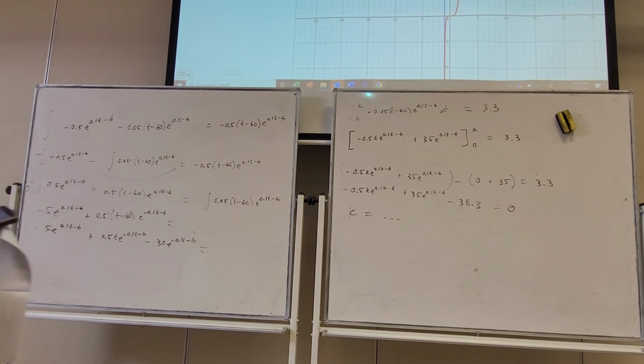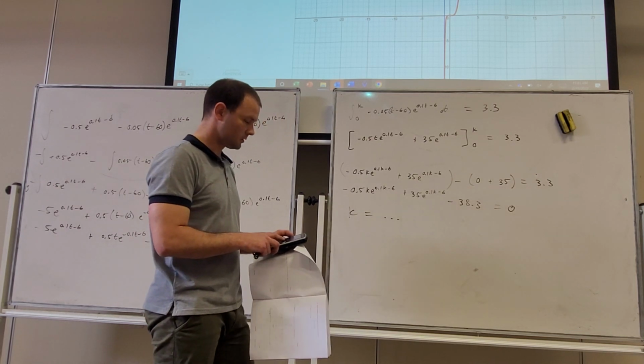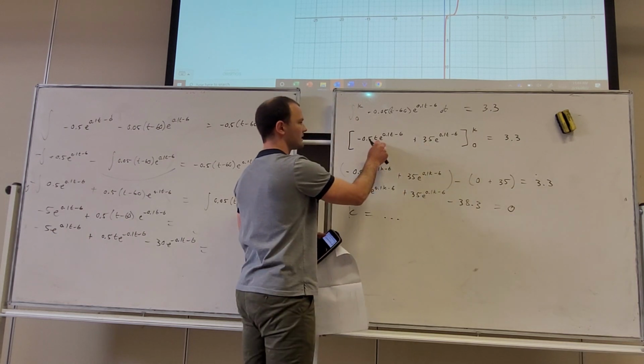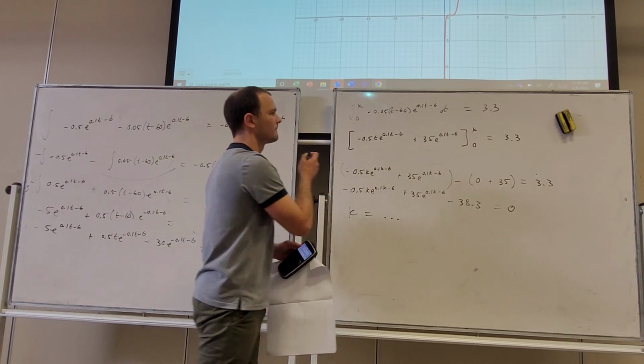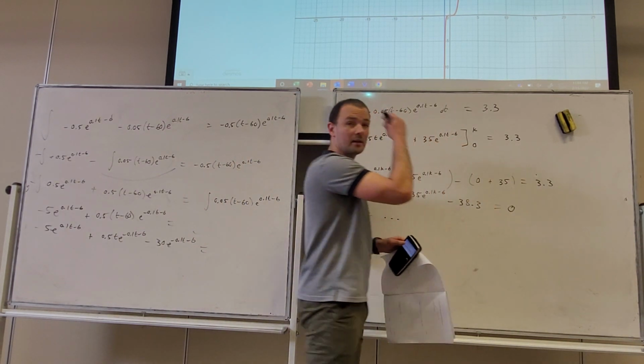Alright, so maybe we'll try equation solve. I think that should be 0 and 35. Oh, that one looks as a 0. No, but the other one shouldn't be 35. Oh, great figure. Yeah, look at that. Okay, good.